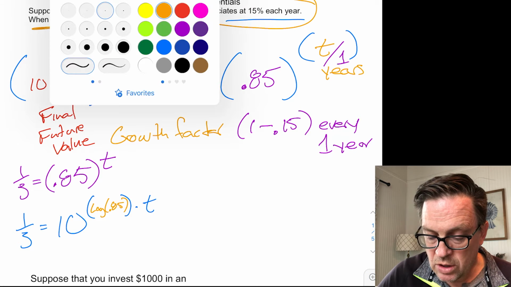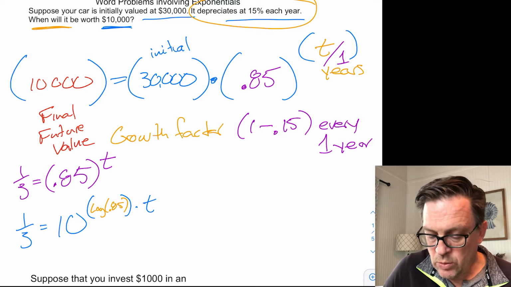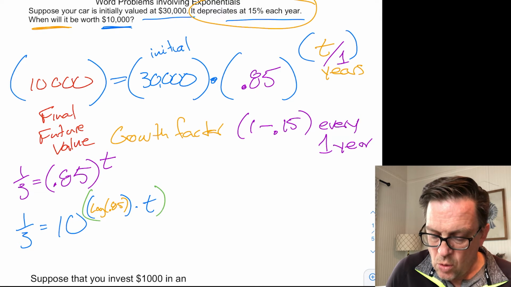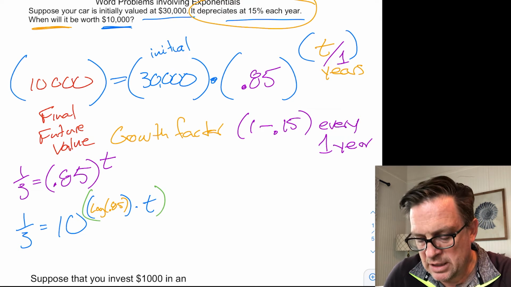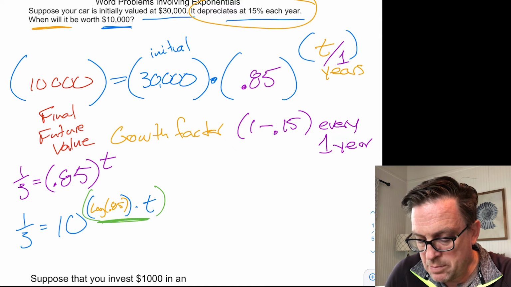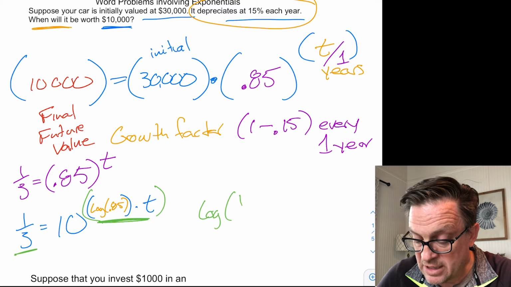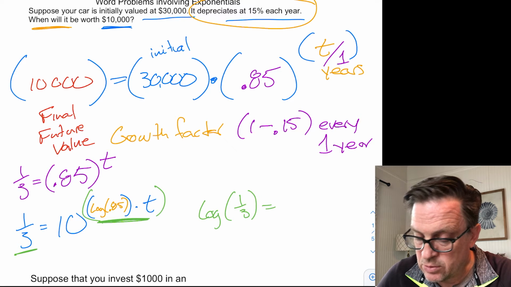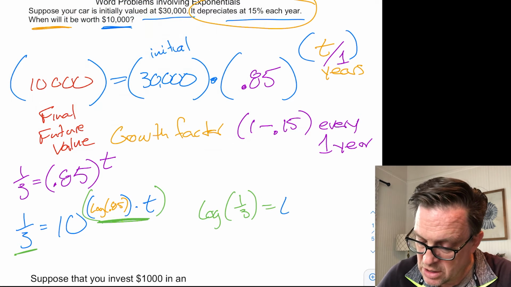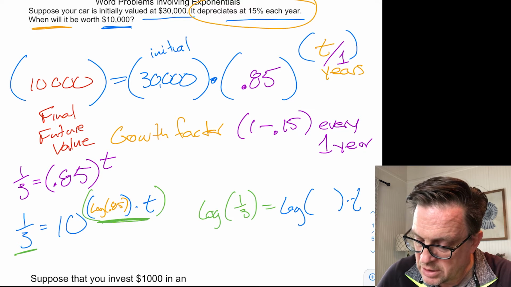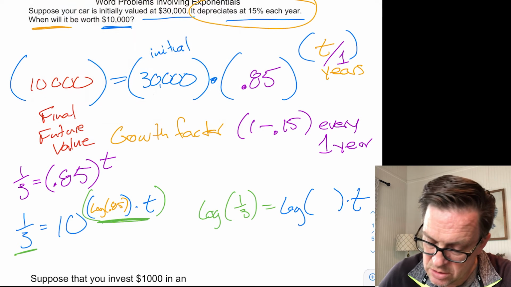And so now what we want is, we want to know what power of 10 is going to give you 1/3. What power of 10 equals 1/3? Well, that is defined to be the log of 1/3 equals that power of 10, which is log of 0.85 times t.